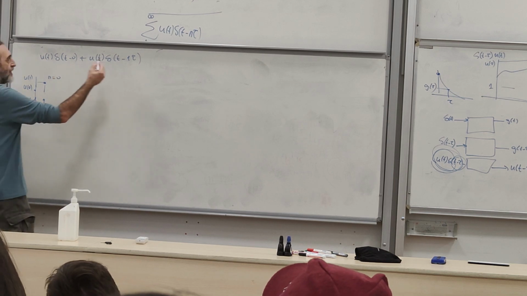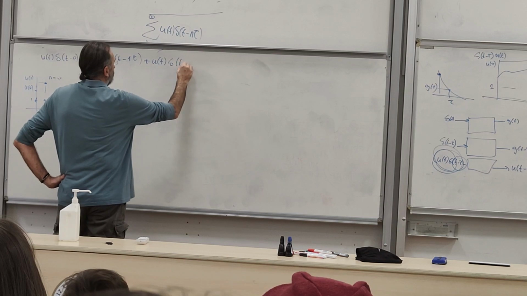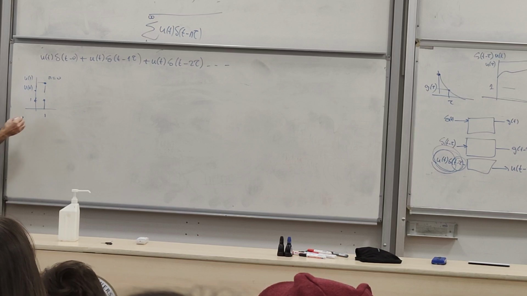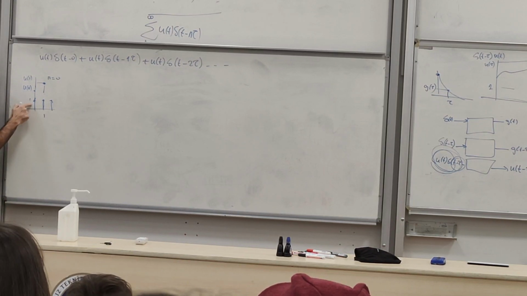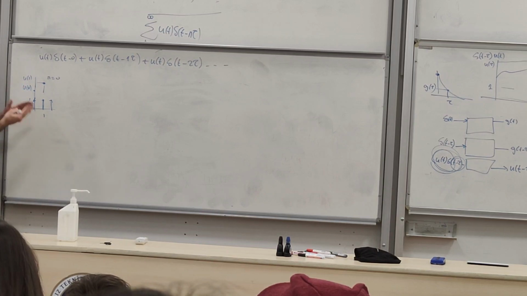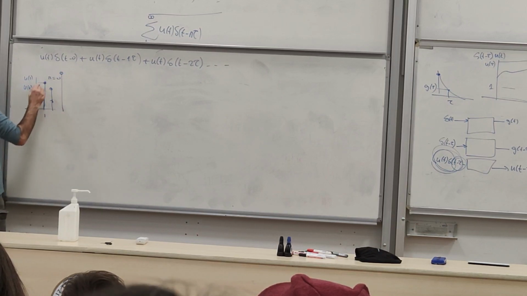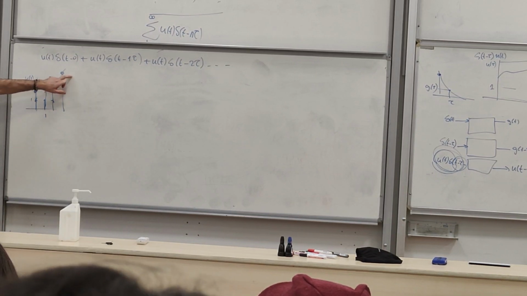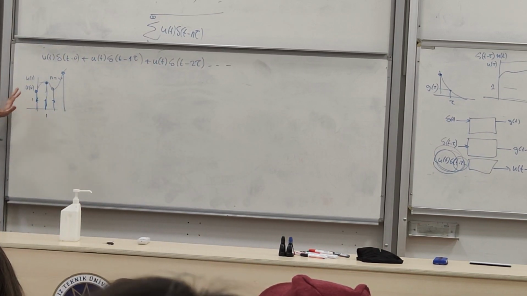And then I have u of t times delta of t minus 2 tau, and so on. I add all these deltas together, collapsing the system one by one. So I get this, I get that, wherever the system goes, I get those values, if I add all these deltas one by one, acting on the input.